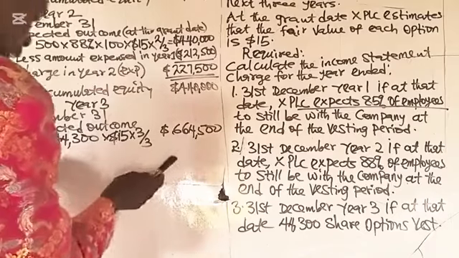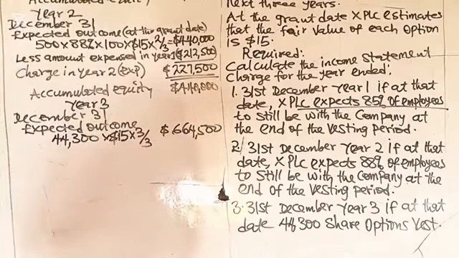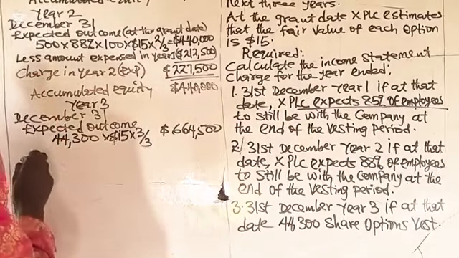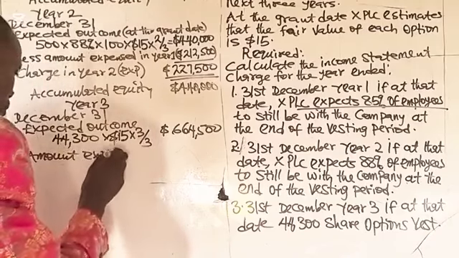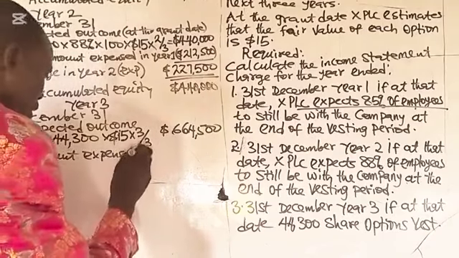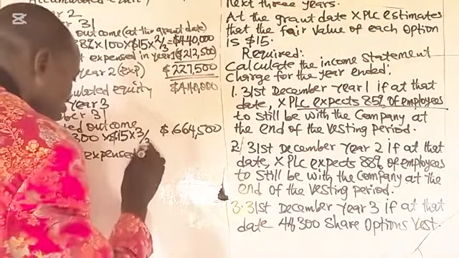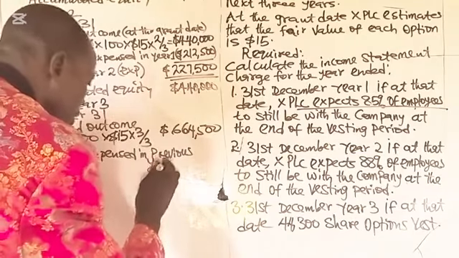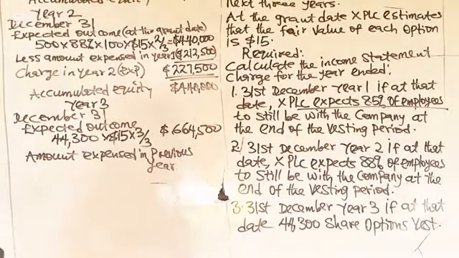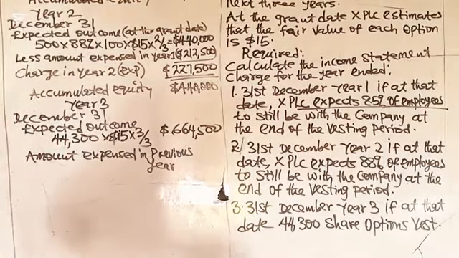Amount that has been expensed in the previous year, less the expense previously recognized. If you look at year 1, 212,500 was expensed.